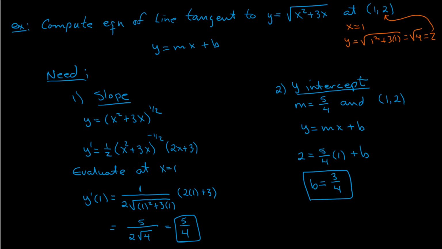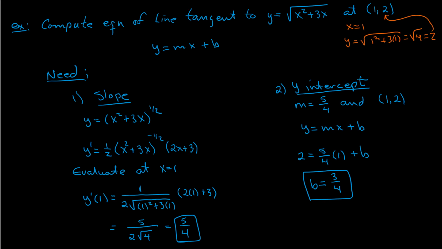Okay, to create the equation of a tangent line, we're going to use the equation of a line, y equals mx plus b. I always like to write that down because it helps to set things up for me. I know I need to compute, one, a slope, and secondly, the y-intercept, that b value. So I need to compute m and b in this tangent line.